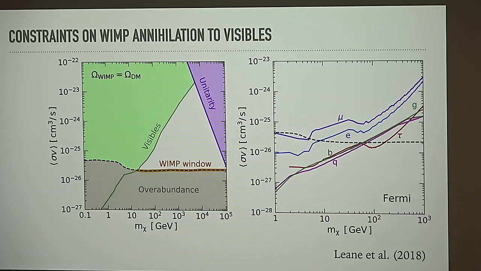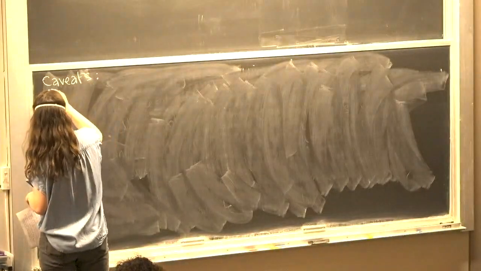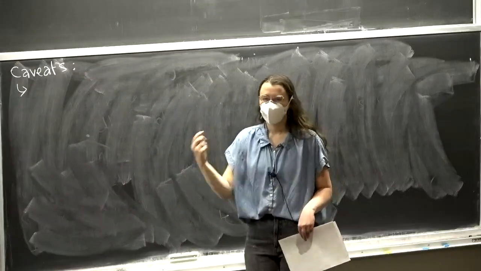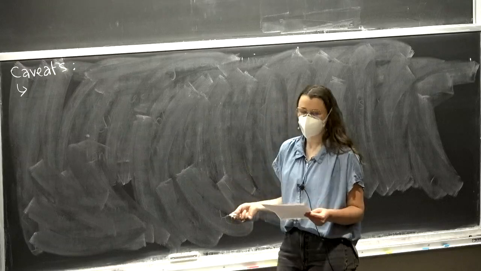Okay, so some caveats. First of all, I already kind of hinted at this, but the prompt spectrum that you make right after the dark matter annihilates is not necessarily what you observe.